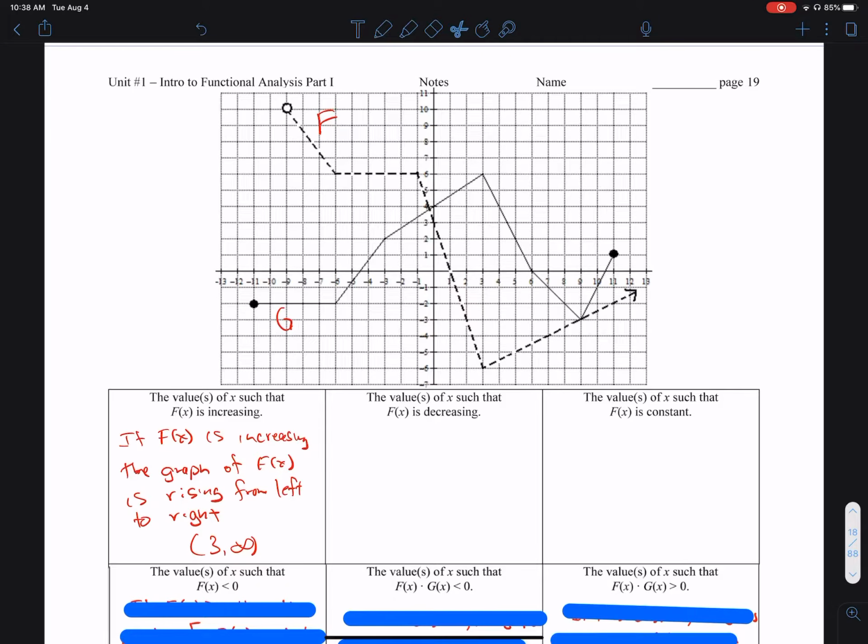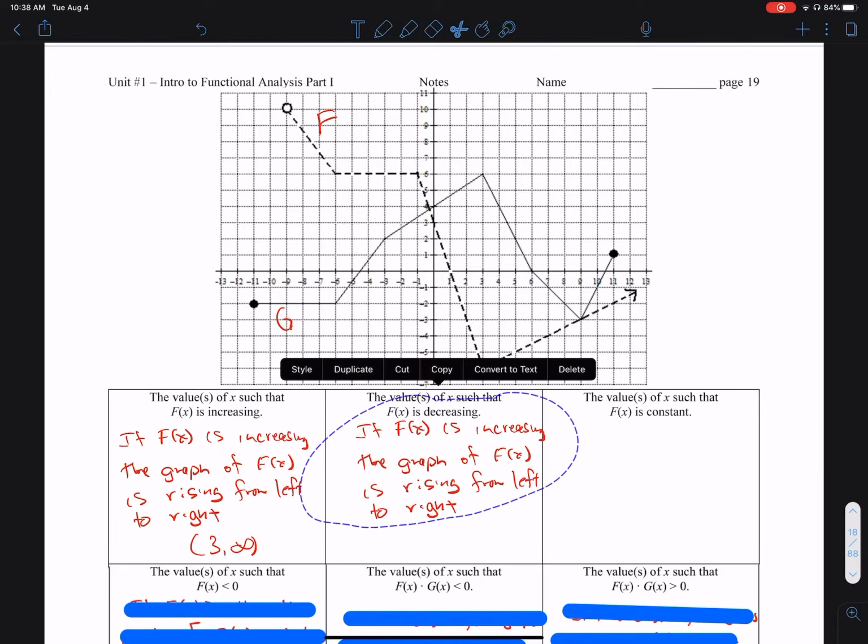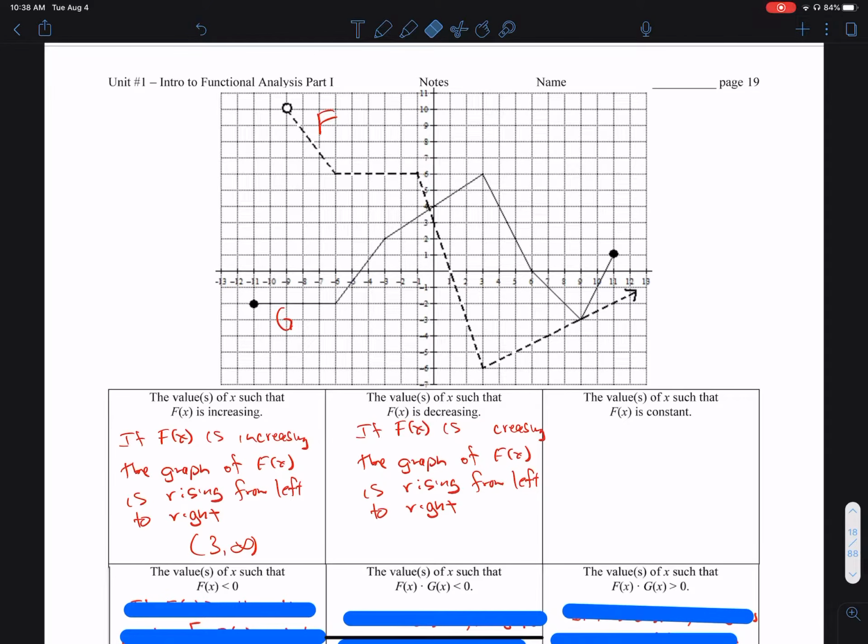f of x is decreasing. Let me just copy this. f of x is decreasing. Then the graph of f of x is falling, not rising, from left to right.